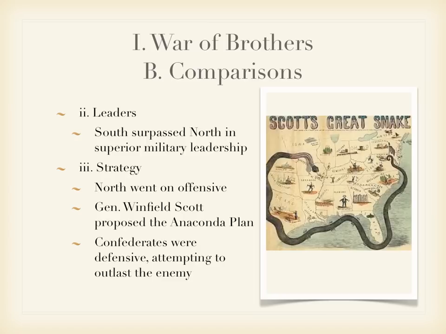Think about an average Northern guy who's 18, who's drafted and might not really believe in freeing the slaves. This idea about the Union might seem kind of vague and far off to him. His motivation to fight is probably going to be a little less strong than the Southerner who's defending his home and really believes in this cause.